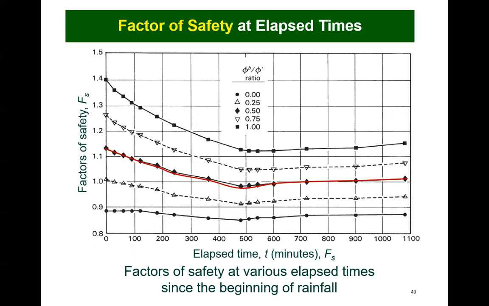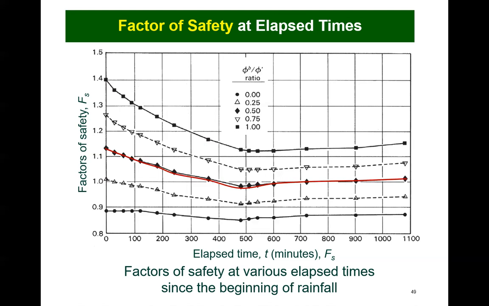The results show that the factor of safety starts from an initial value of 1.13 and then falls to slightly less than 1.0 by the time the rainfall stops at 480 minutes. Once the rainfall stops, the regain in factor of safety is slow, but it gradually returns to a value greater than 1.0.